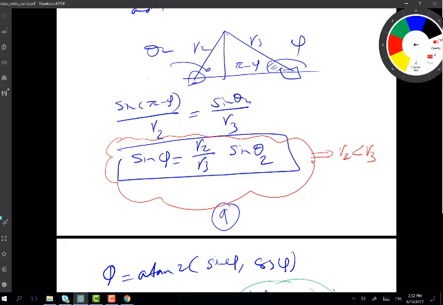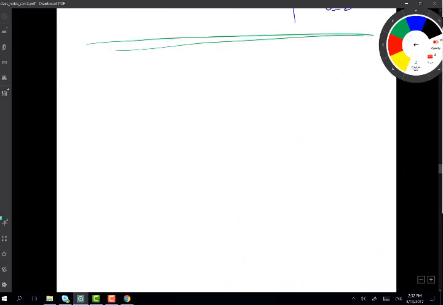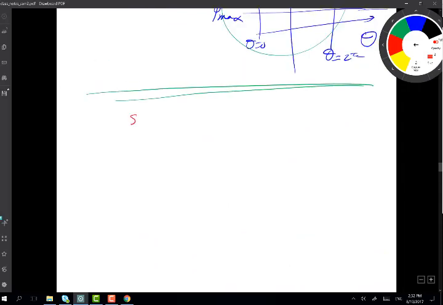Because if R2 was greater than R3, I'll write this equation and maybe we'll write a couple of comments on it: sine phi is equal to R2 over R3 sine theta 2.